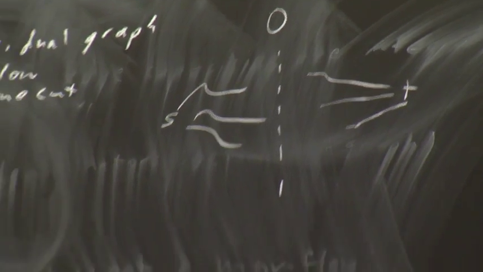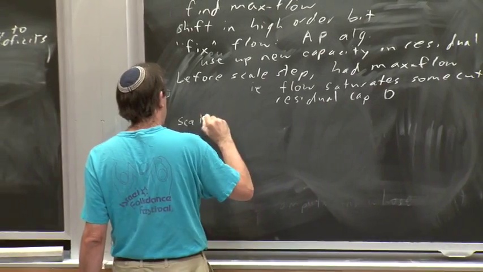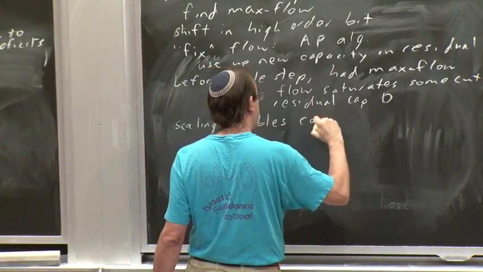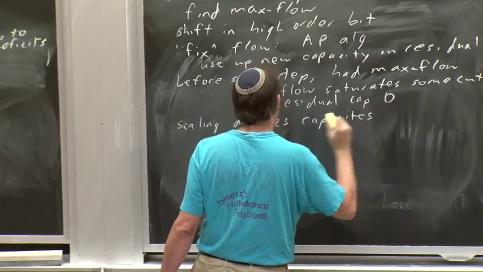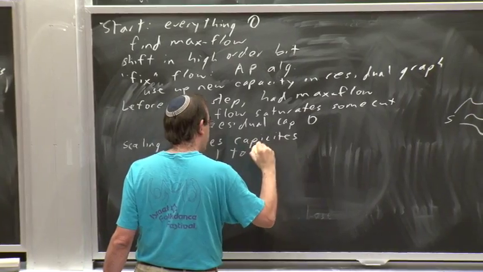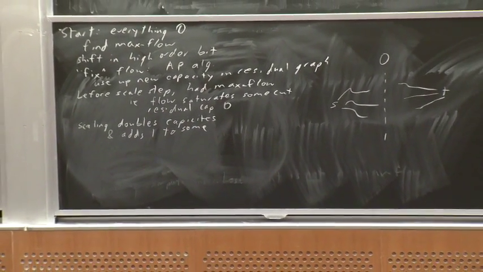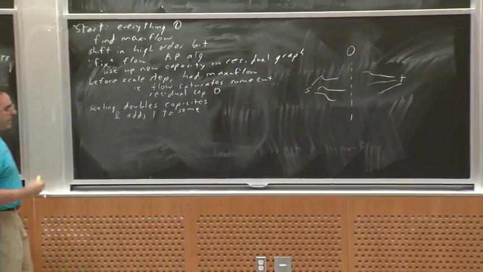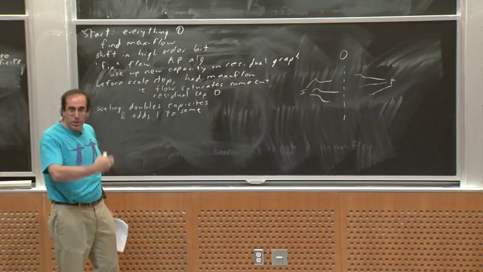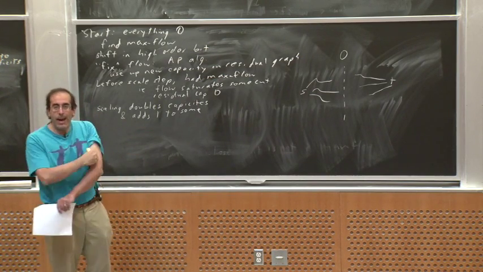Now we scale in. So what does that scaling in do? Right? Scaling doubles the capacities, and then adds 1 to some of them as we reveal the next bit of the scaling algorithm. So when we double the edge capacities, and then turn some of the low order bits to 1, what does that do to the capacity?